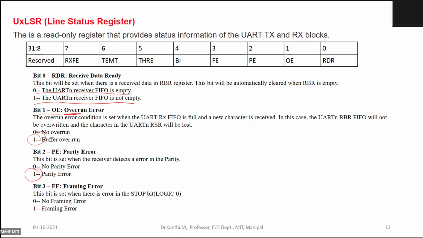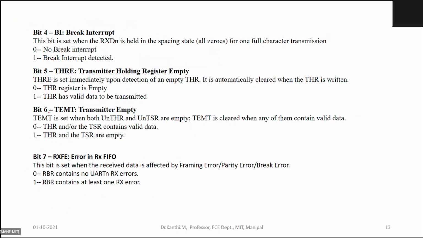In case there is any error in your framing format, this framing error will be set. Then we have a break interrupt. Okay, so when the received data is held in the spacing state, that is all zeros, for the full transmission, then a break interrupt is detected.